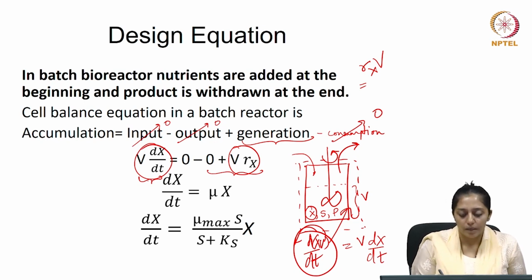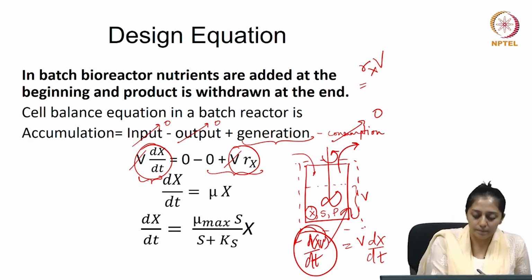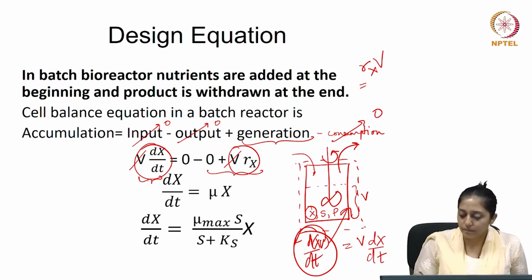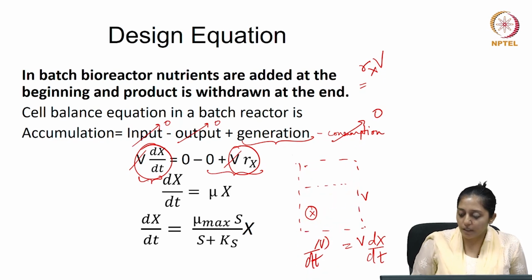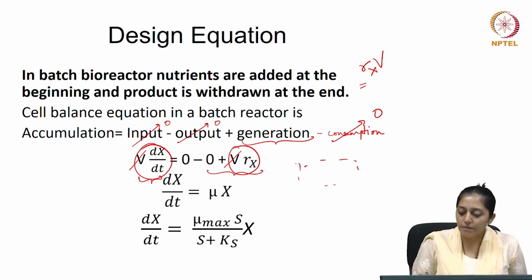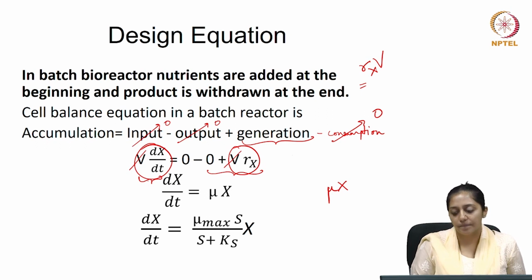So, now if we try to correlate, your V and V will get cancelled. Now, this Rx is the growth rate of the culture. So, it can be written in terms of specific growth rate, if you remember, it can be written as mu times x.